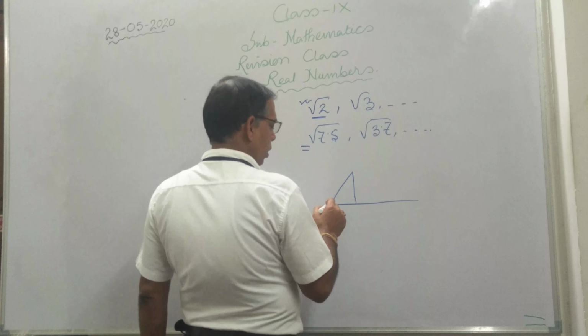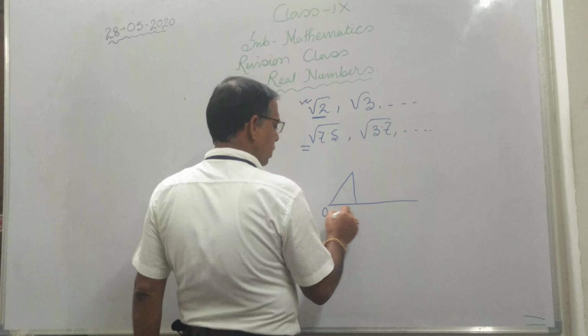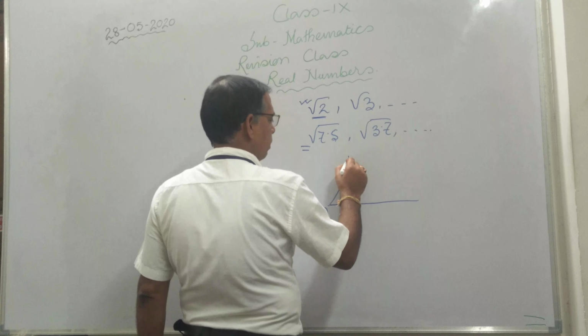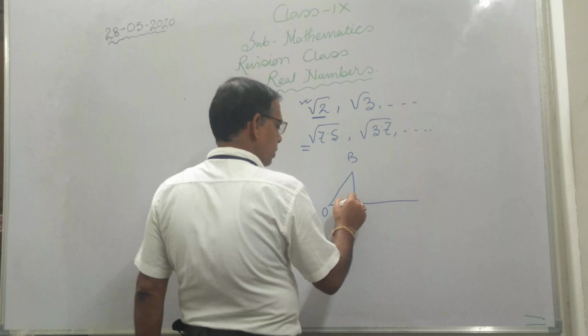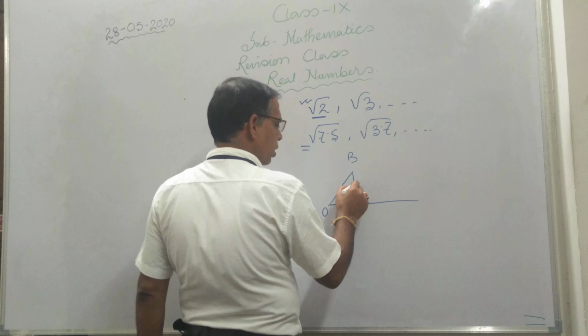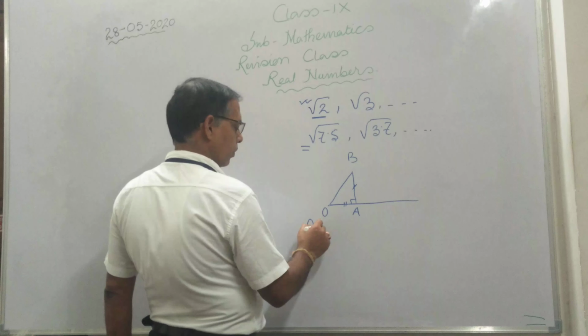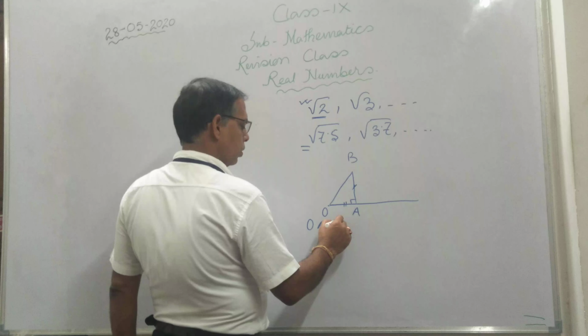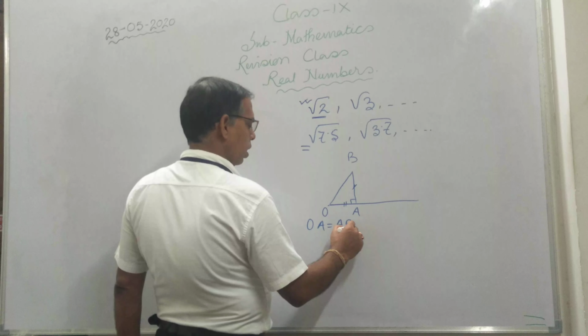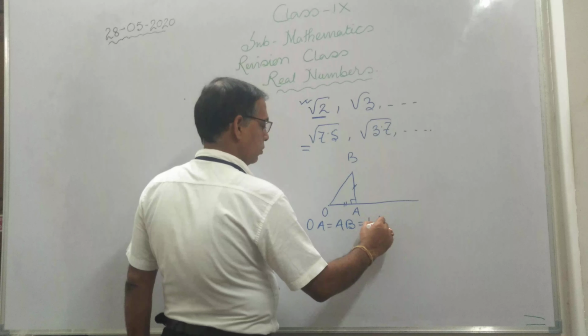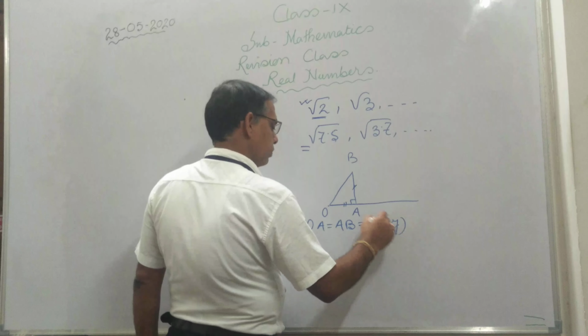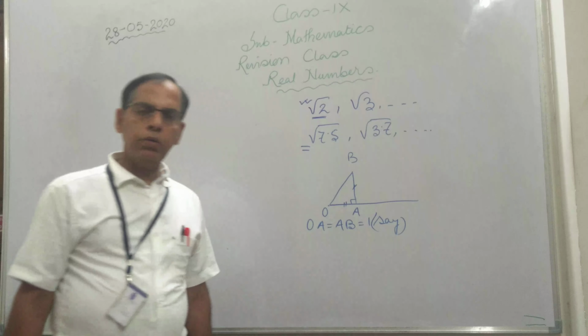See, here suppose O, this is A, this is B. And here, this is an isosceles right angle triangle. This one is equal to this. OA equal to AB equal to 1 cell, say 1 unit. Okay?